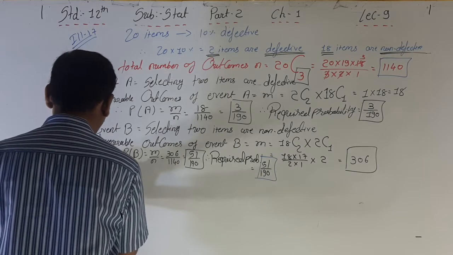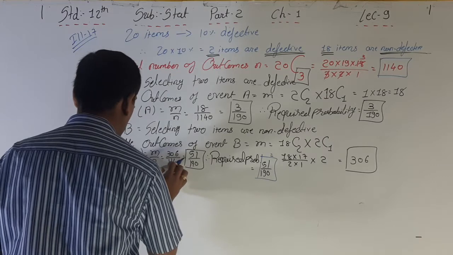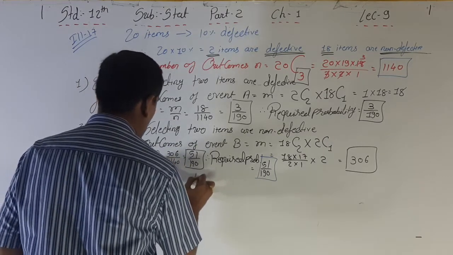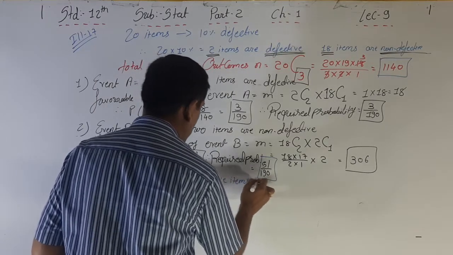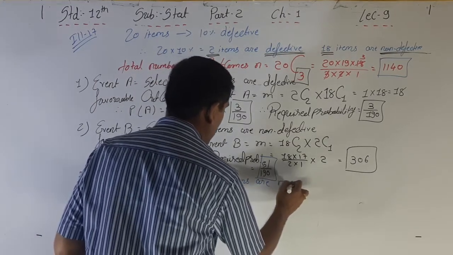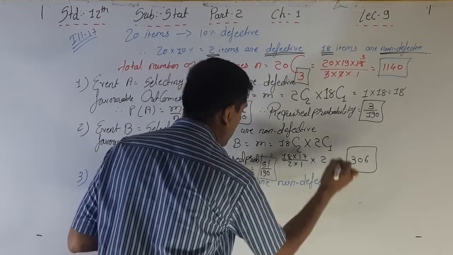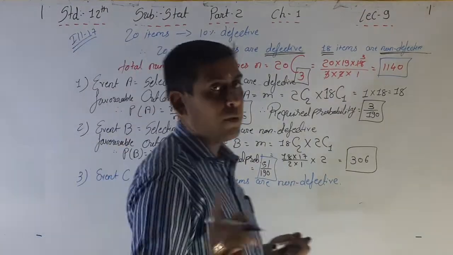Event C is equal to selecting all 3 items that are non-defective.